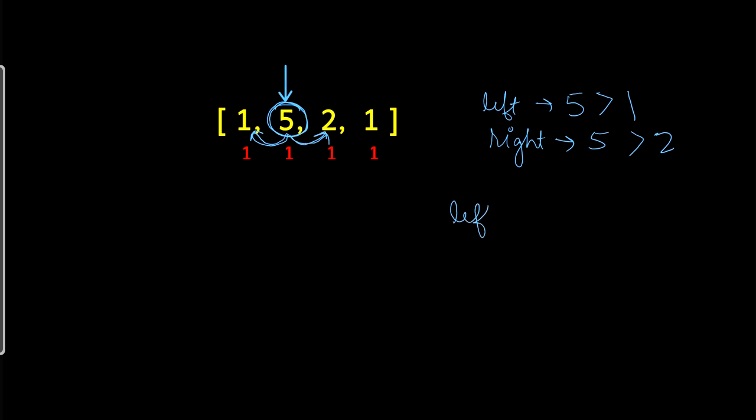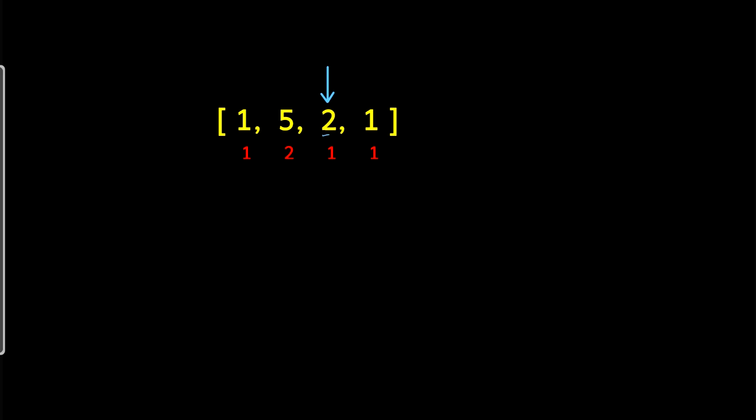So we will take the max of left and right. Whosoever will be maximum, we will add 1 candy to it because 5 is greater. So here it will be 2 as he is supposed to get more candies with respect to left and right neighbor. Then we will check for the next child.